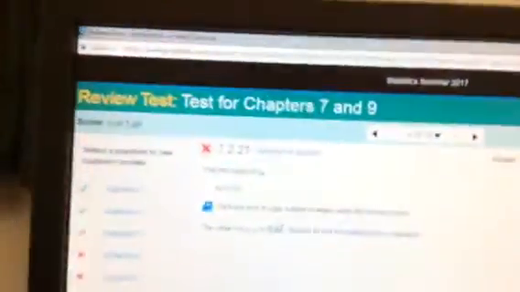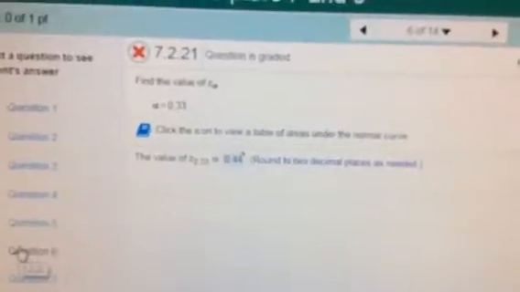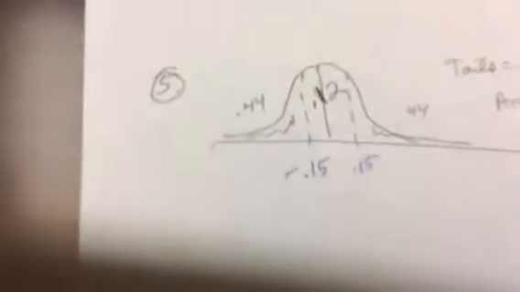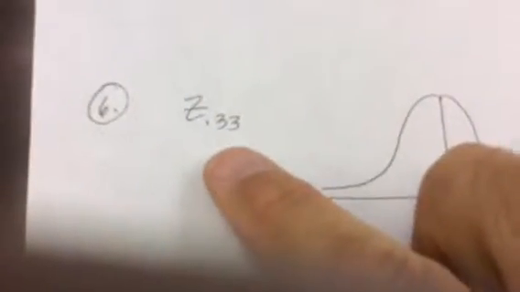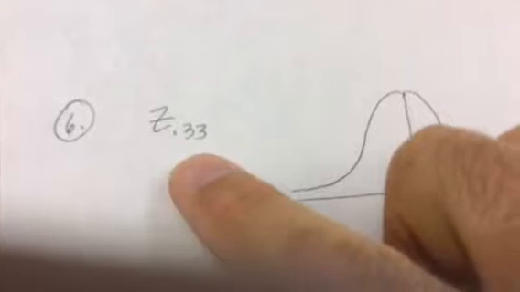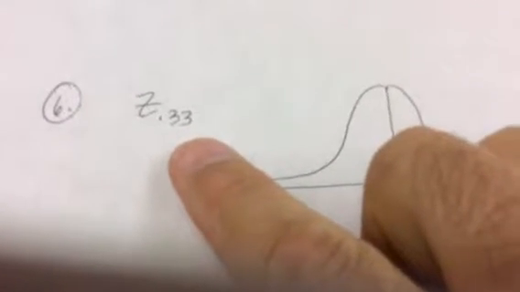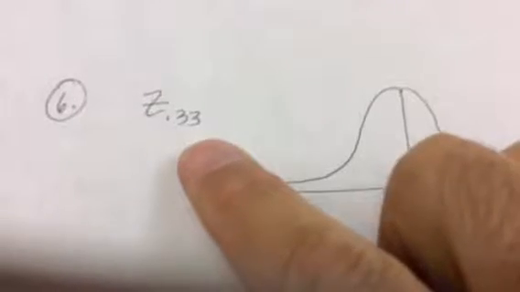Okay, number 6, you're supposed to find z sub alpha with alpha being 0.33. So in other words, you're looking for this. Now remember, by definition, a z sub number insinuates right tail.